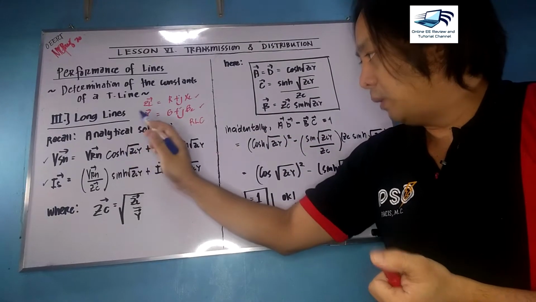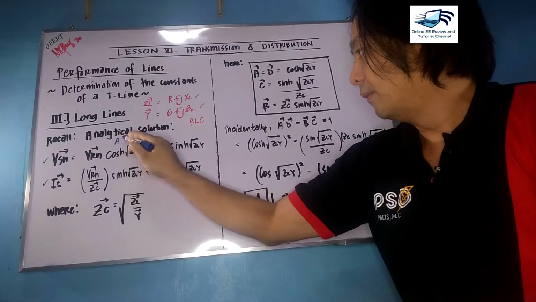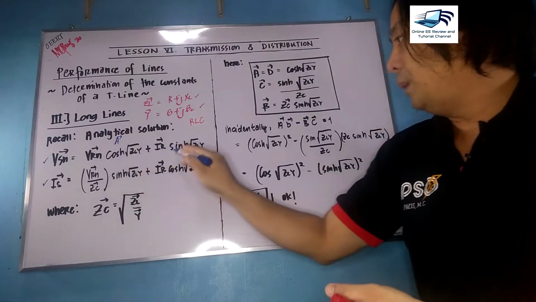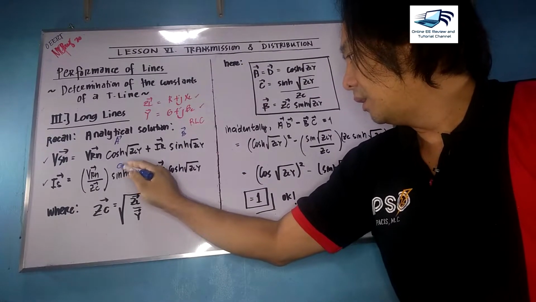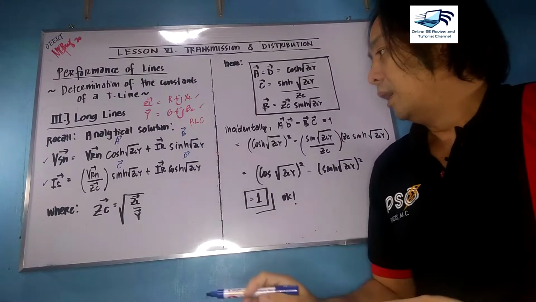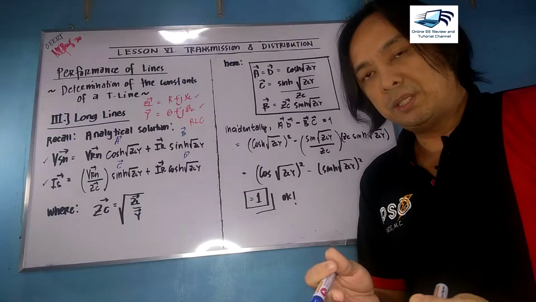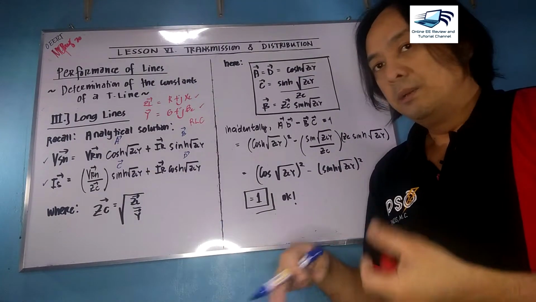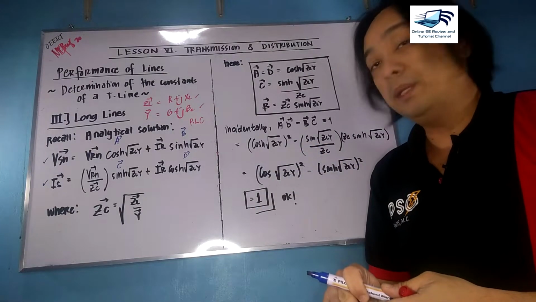So as we have mentioned, you have A VRN, B IR, then C VRN, D IR. And based from this one, we can now establish the ABCD constants based from the two-port network matrix.